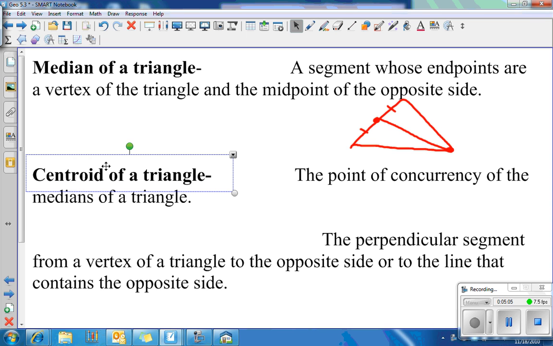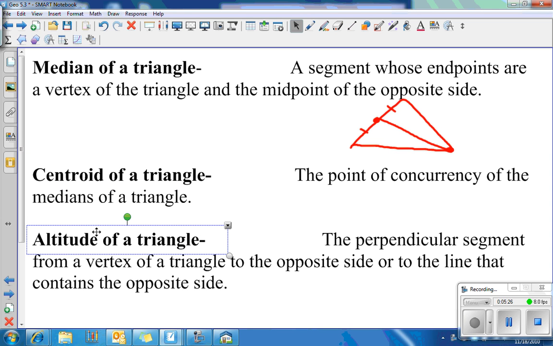Okay, the centroid is the point of concurrency where all the medians of a triangle intersect. Lots of common, similar definitions, just slightly different. You've got to be careful on that definition test. And the altitude of a triangle.